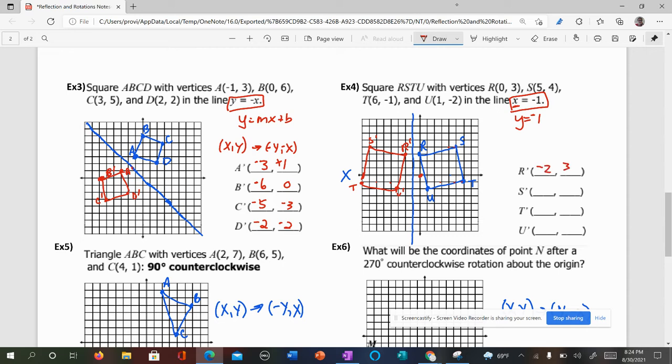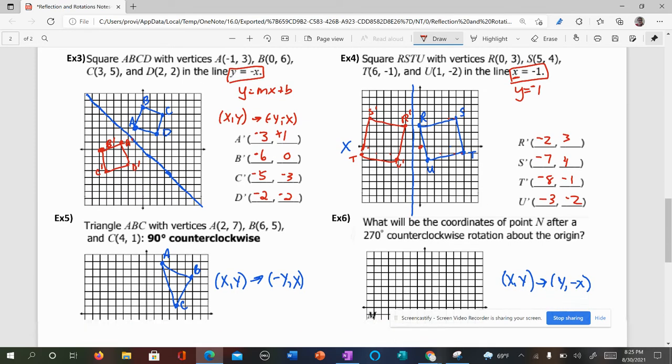S is negative 7 and up 4. T, well, I know this is an 8 by 8 graph, so that's back 8 and down 1. So back 8, down 1. And then 3 and down 2. Okay, so it's really not harder. It just takes more effort to get the final answer.